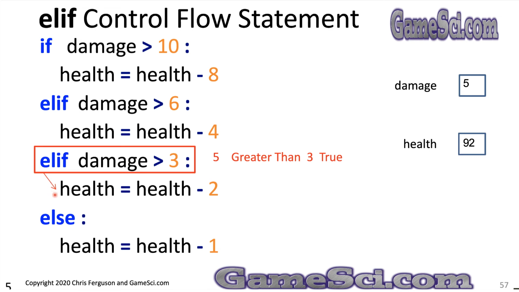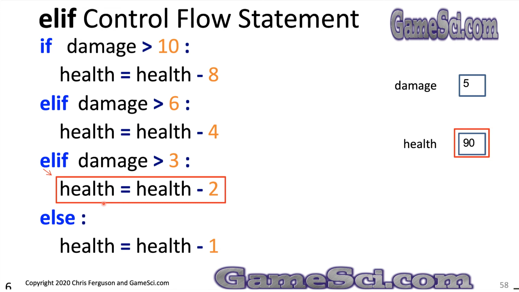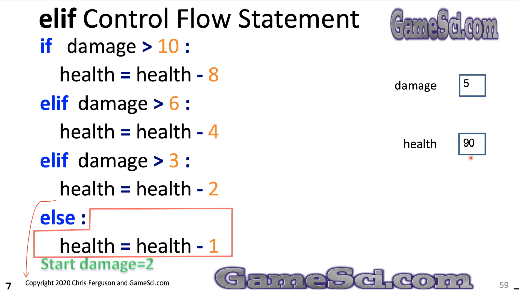So we'll jump inside this and execute health equals health minus 2. The health value went down by 2. And what do we do now? Well, we've run out of indented code, so we'll skip past the rest of the statement. All this code in the red block is skipped completely. Think of this as an if statement. When that was true, we executed the code inside the block and we skipped the else, and we're done with our else if statement.